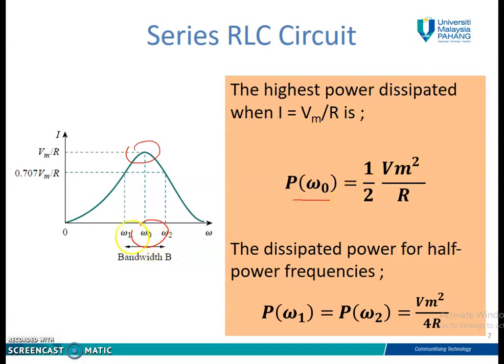Okay, at certain frequencies, for example here, we have omega 1 and omega 2. The dissipate power is half of the maximum value. So, P of omega 1 is equal to P of omega 2 is equal to Vm square over 4R.